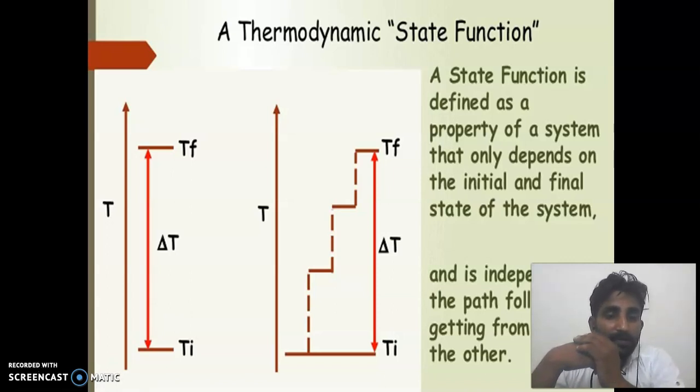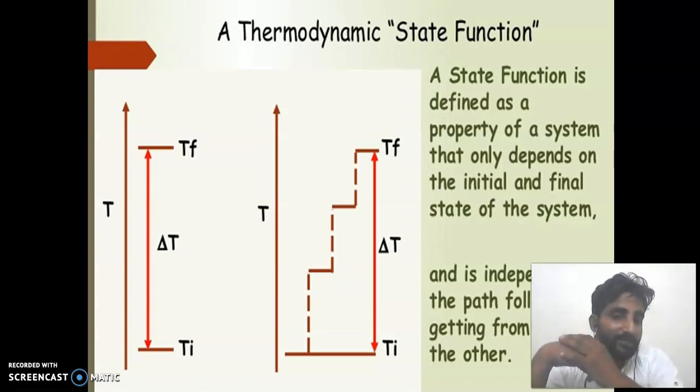Then what are state functions and path functions? In thermodynamics, state functions are the functions which depend only on the initial and final position. These are independent of the path followed. Suppose we have increased the temperature of some liquid by applying heat. We can also change the temperature by doing some mechanical work or stirring.